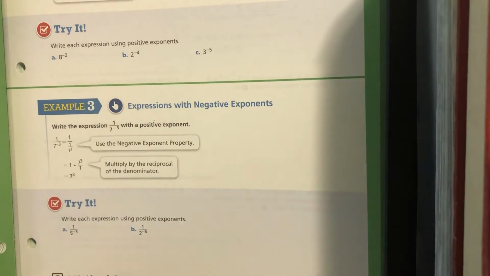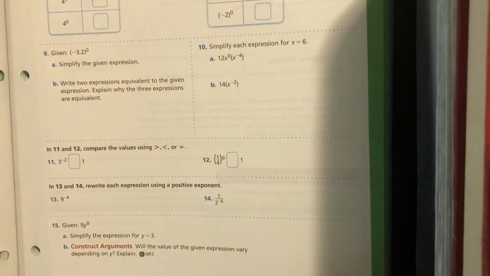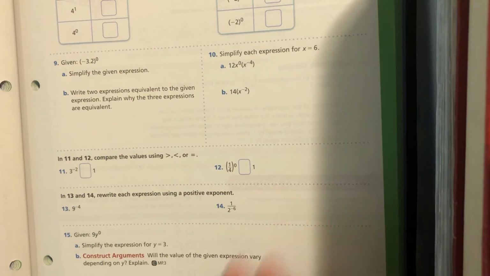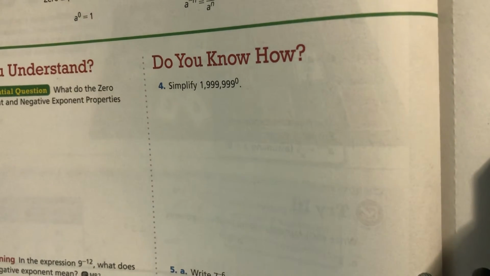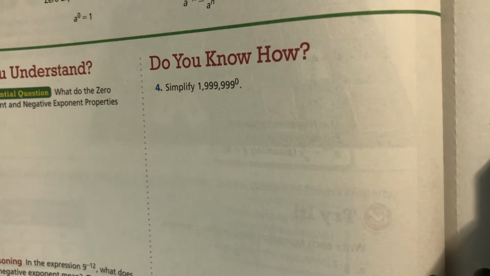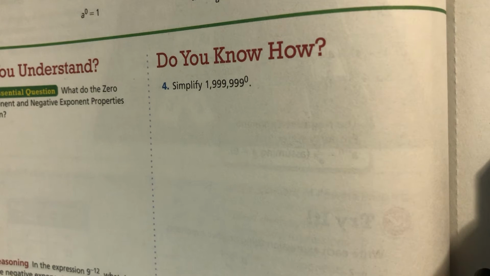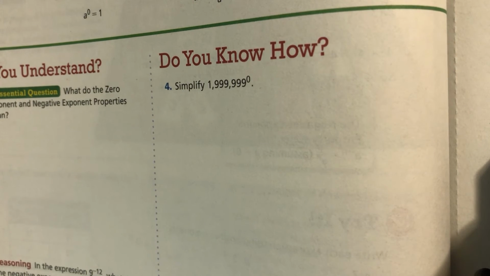Let's take a look at a few in our lesson. You simplify this number, 1,999,999 to the 0th.